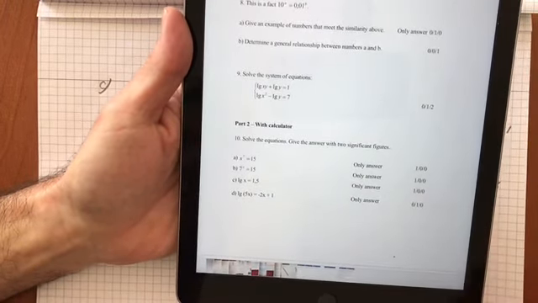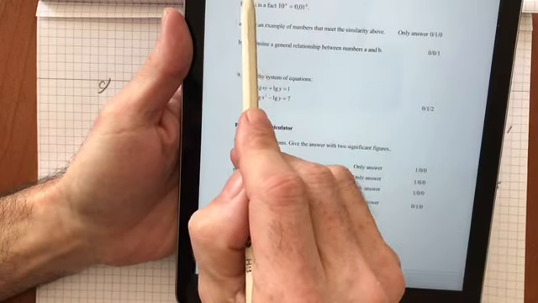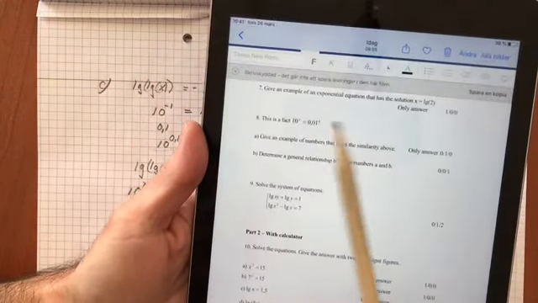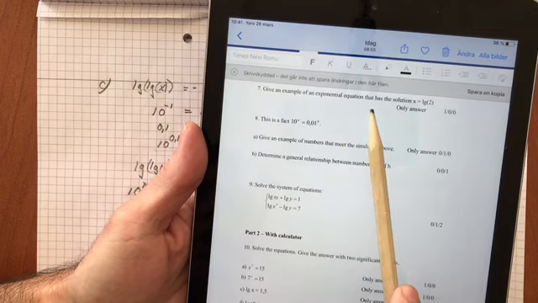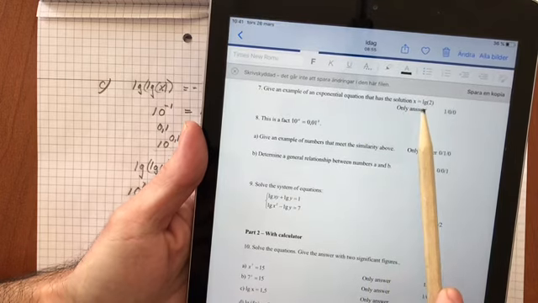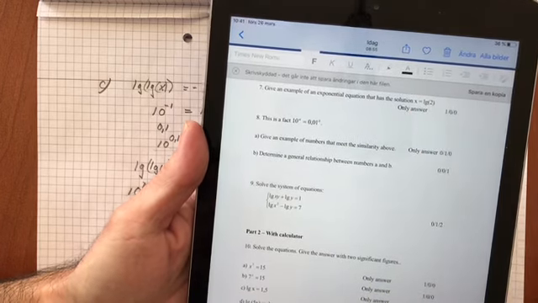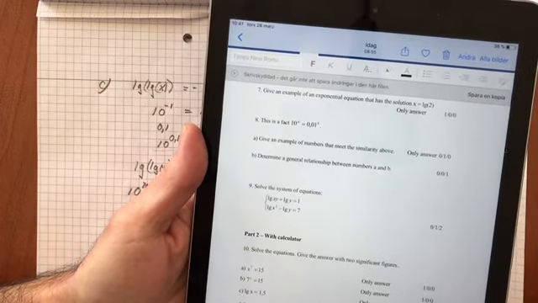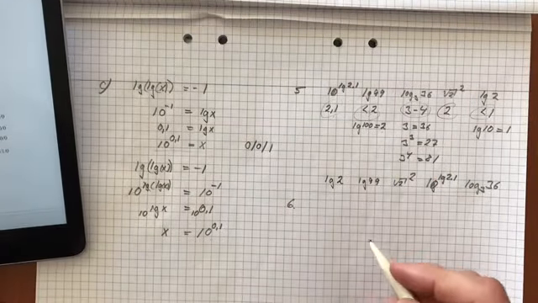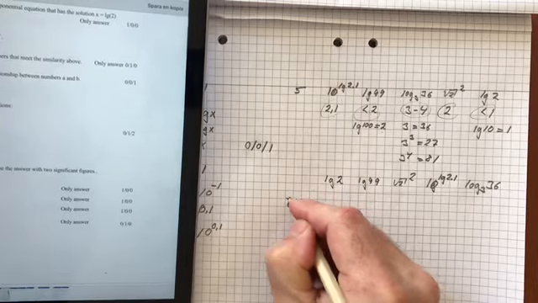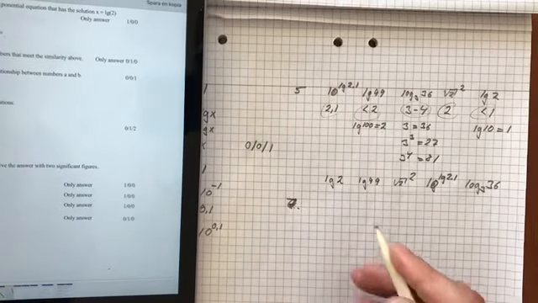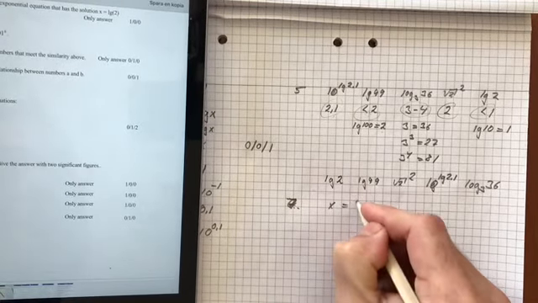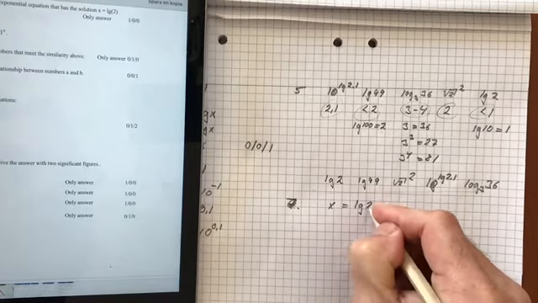Okay, let's continue with 7. Give an example of an exponential equation that has the solution x is equal to lg 2. And it's an only answer question again, so I will show you here. Okay, this is 7 now. So x is equal to log 2.